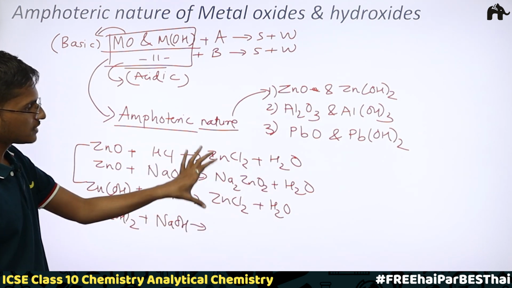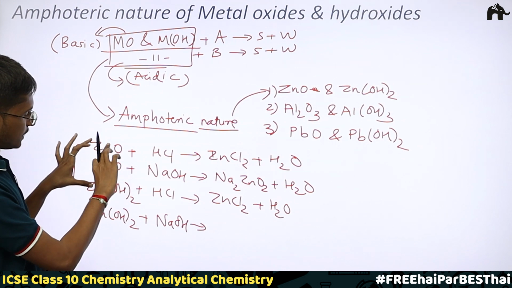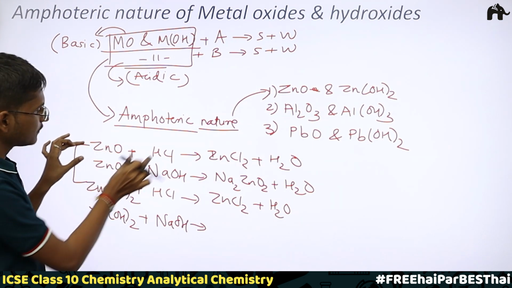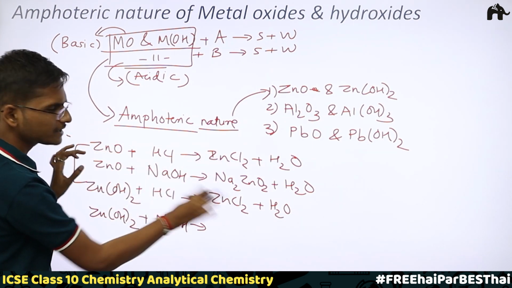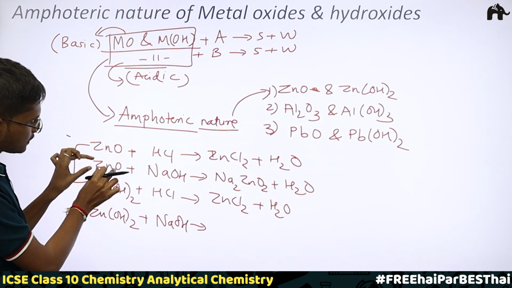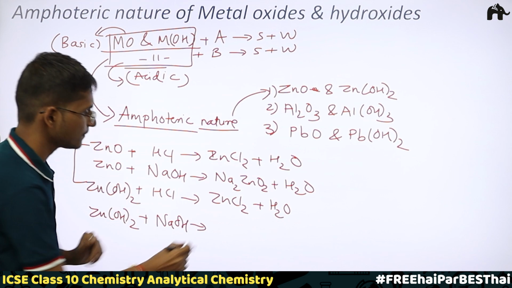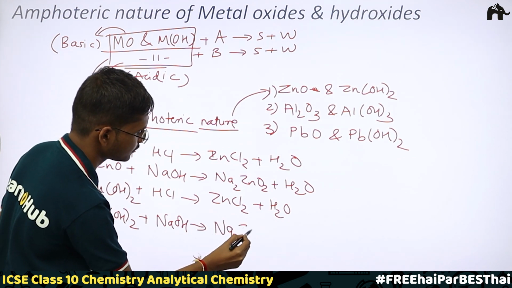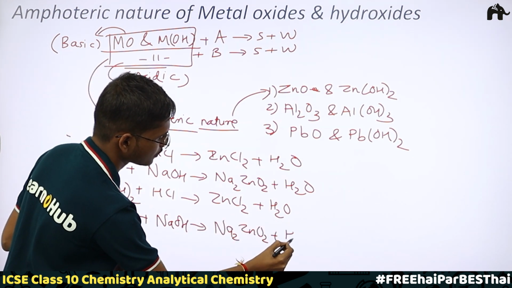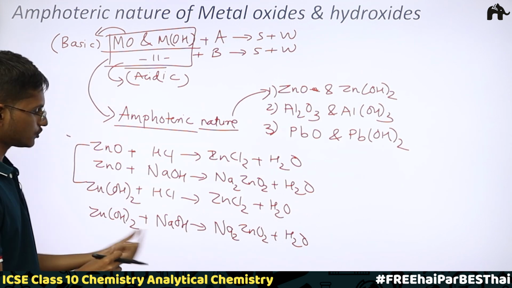So the salts given by oxide and hydroxide when reacting with acids are the same, and the salts given by oxides and hydroxides when reacting with bases are also the same. So again Na2ZnO2 and water.